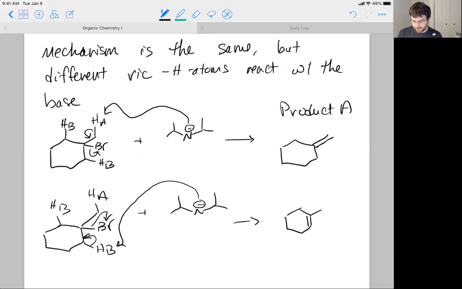Now I could have picked the one that was down from the bromine, or I could have picked the one going up, but these two products are the same. So either one I pick, just pick one, make sure you draw the correct number of products without duplicates, okay?